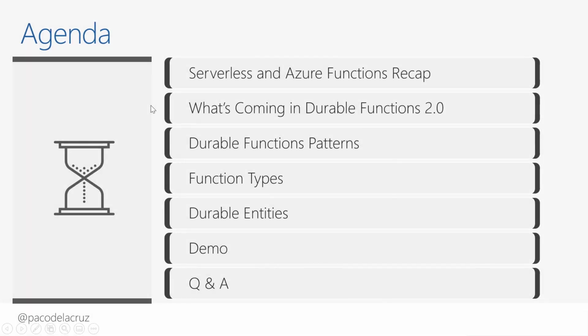So the agenda for tonight: first we're going to have a brief recap of what serverless and Azure Functions are, then what's coming on Durable Functions 2.0. Then we're going to discuss the different patterns we can implement on durable functions, then different types of functions we can implement with this framework, and then we will go deeper into durable entities, what the value of this new feature is, and then a demo.